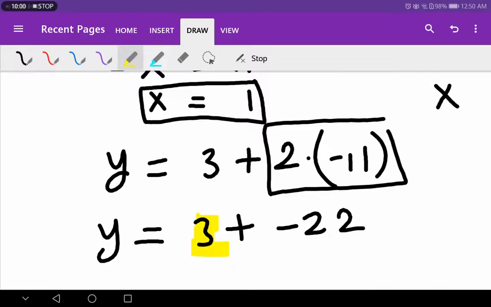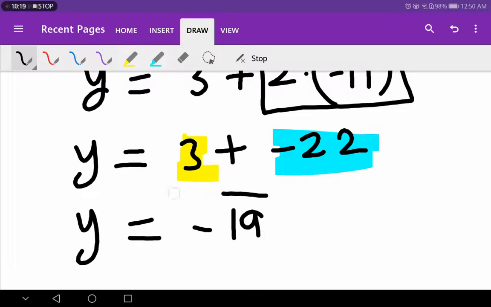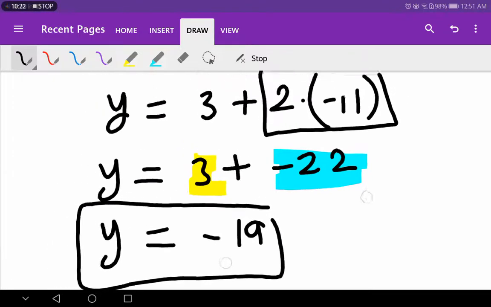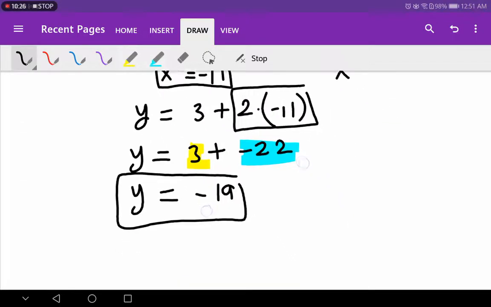So in my pocket I have 3, and the grocery guy wanted from me 22. That means the grocery guy still wants 19 from me. That means negative 19. So the answer is negative 11 and negative 19. How can I write it?